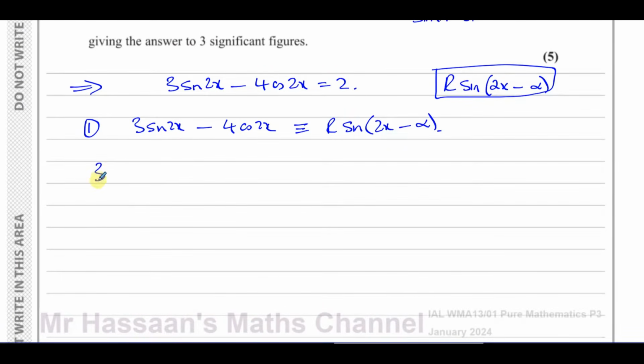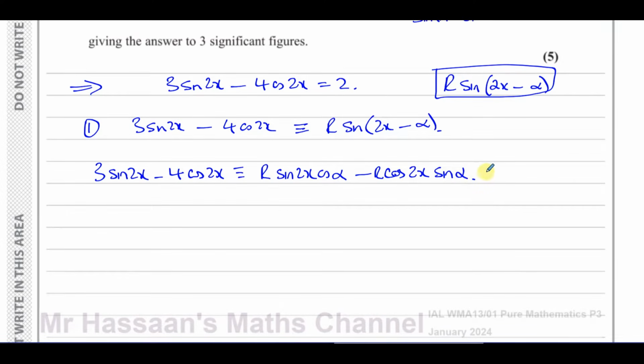So we have 3 sine 2x minus 4 cosine 2x is identical to r times sine of (2x minus alpha). Now I'm going to use the addition formula to expand this. This is going to be r times sine of 2x cosine of alpha minus r times cosine of 2x sine of alpha.